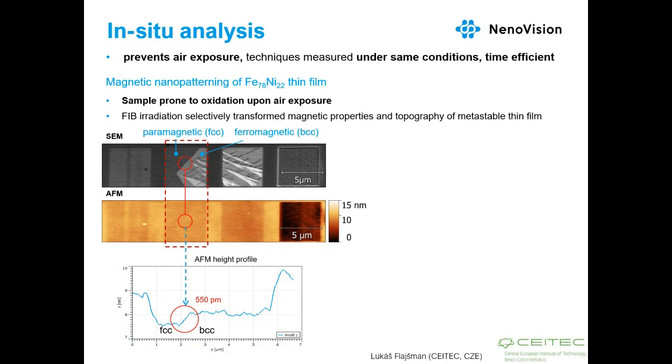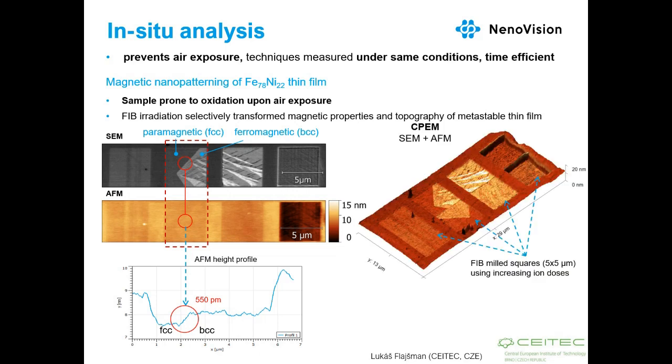And as you can see, because you are FIB milling, so you are removing the material, we can analyze the topography, and even though it's not that visible, we are able to analyze a nice profile with 0.5 nanometer height and step, which is caused by the difference between FCC and BCC structure.